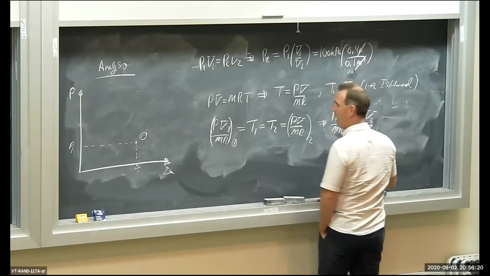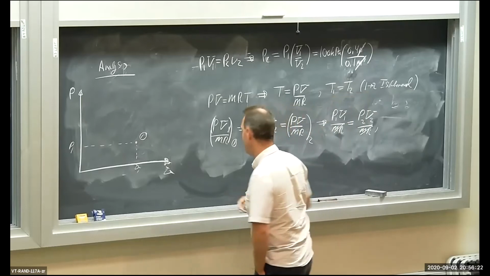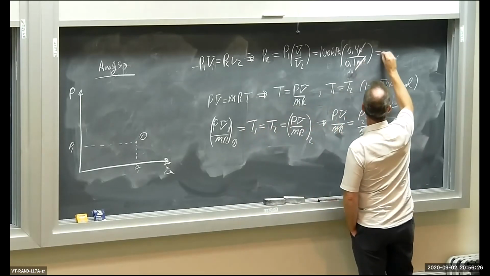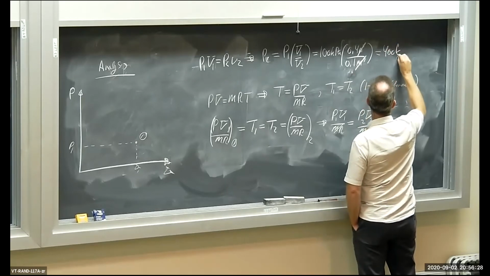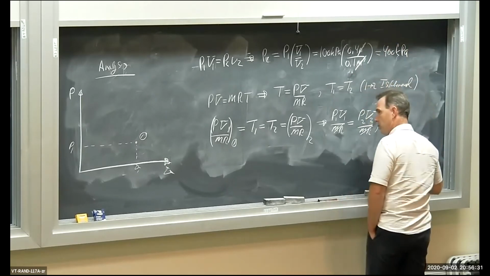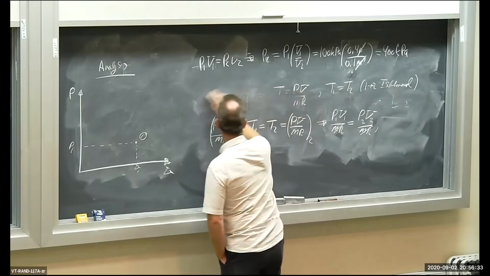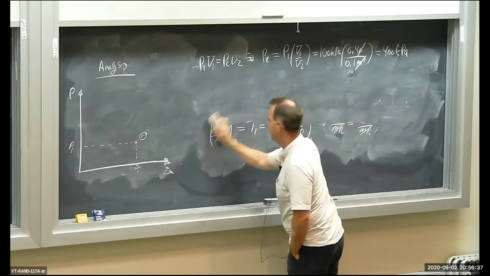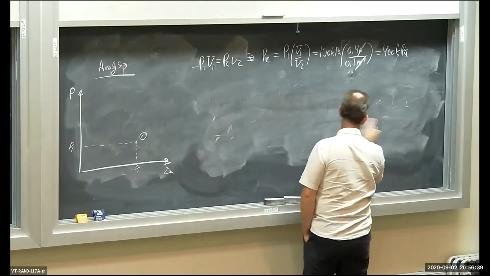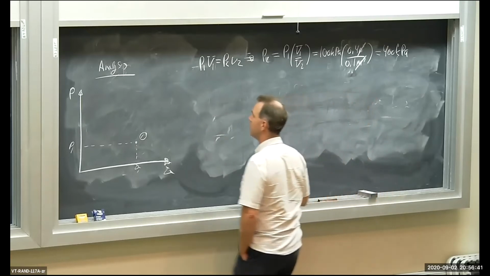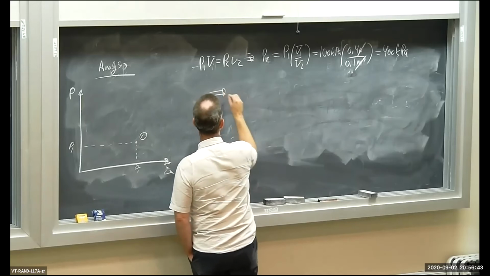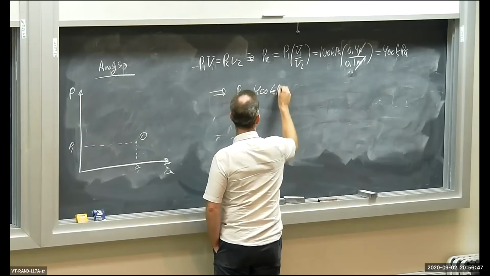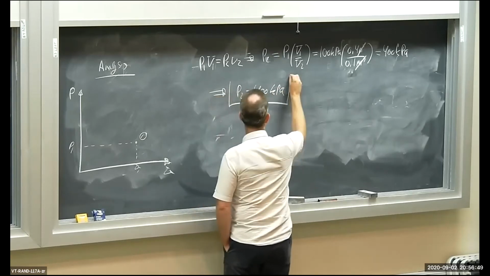The cubic meters cancel out and the units become kilopascals. And so this is 4, and I get 400 kPa. P2 is 400 kPa. Okay?